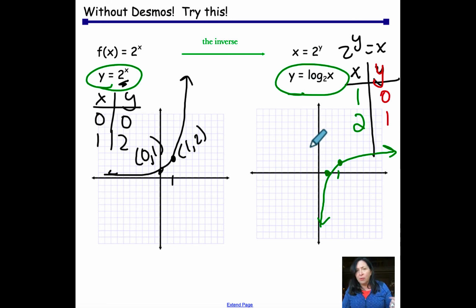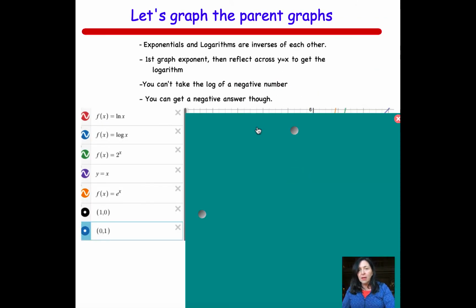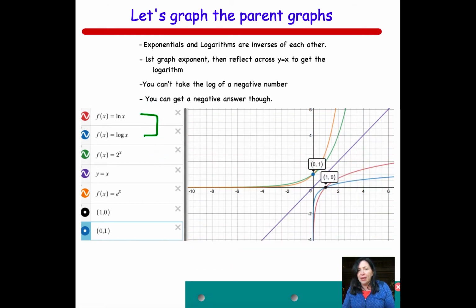The other one we did with the log, we did 10 to the x, that was base 10, whereas this is base 2. So if you're on Desmos, what I'd like you to do is graph all these parent functions and see, especially ln of x and log of x, because they're going to show you that they're not exactly the same.